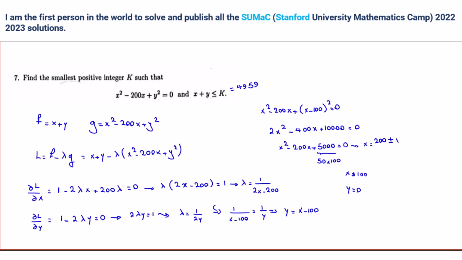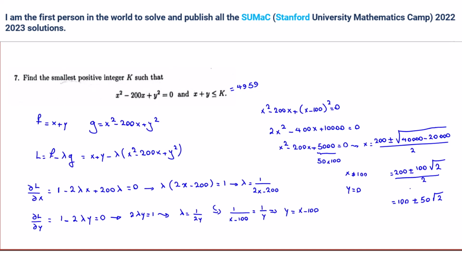So let's write this: b squared is 40,000, minus 4ac is 20,000, over 2. So it's 200 plus or minus, taking the 10,000 outside, 100 root 2, over 2. So it's 100 plus or minus 50 root 2.